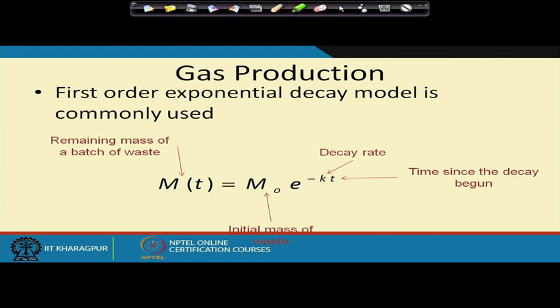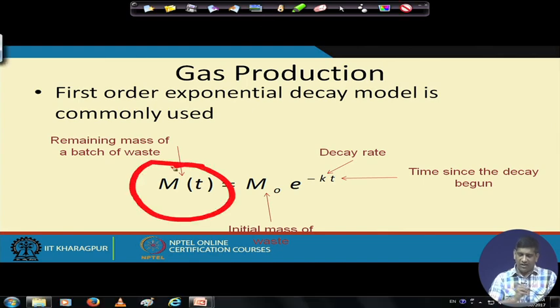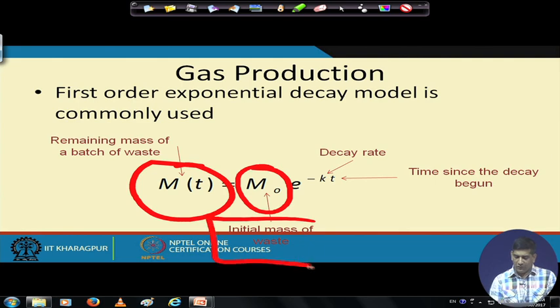Essentially, this model is very basic. This is the basic equation in the model. It's a first order exponential decay model. What we are assuming is that the remaining mass at time T is M0 times a decay factor, where M0 is the initial mass of the waste that we started with.